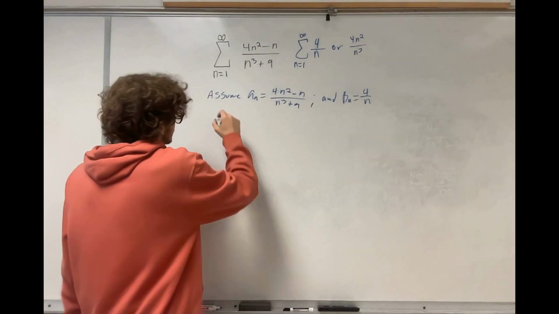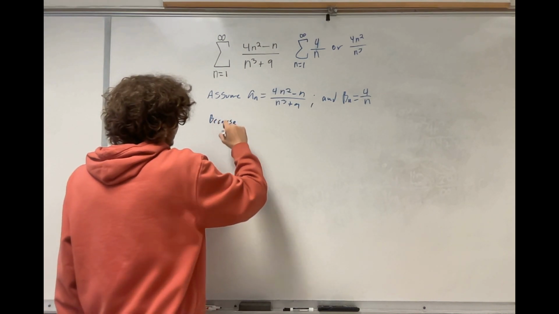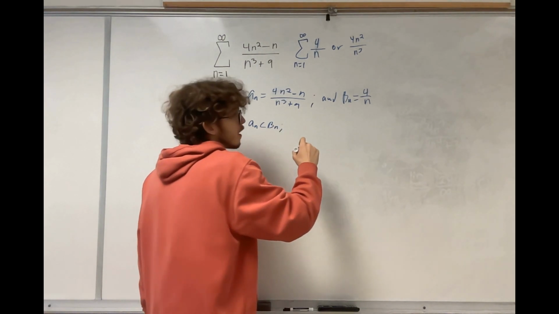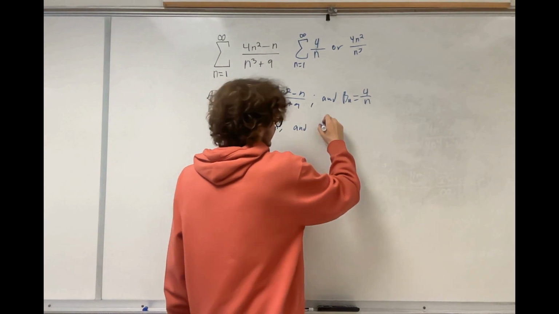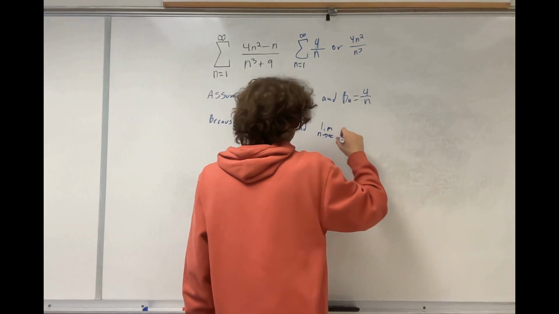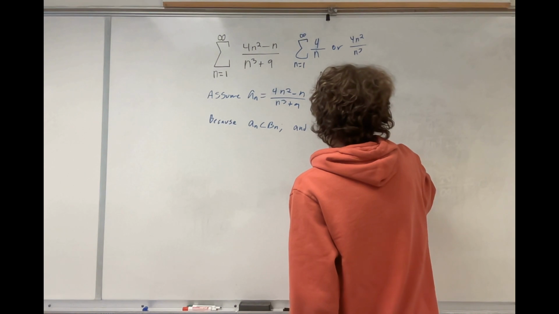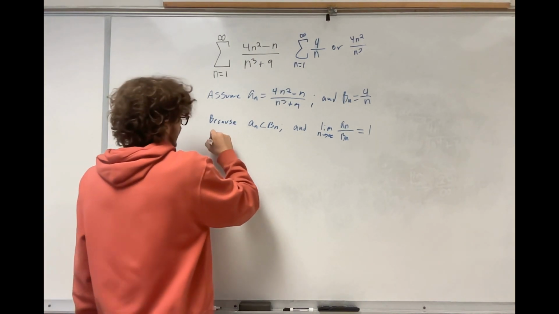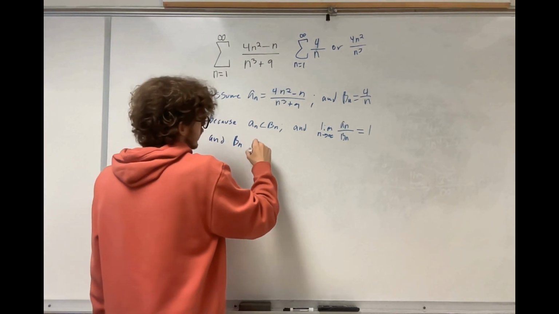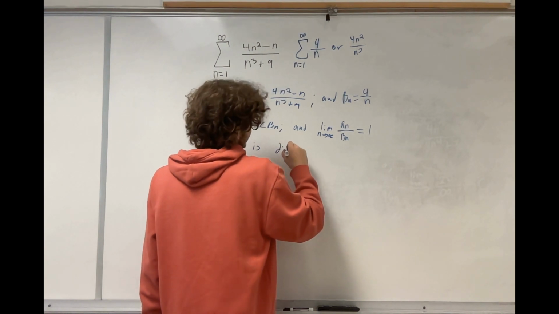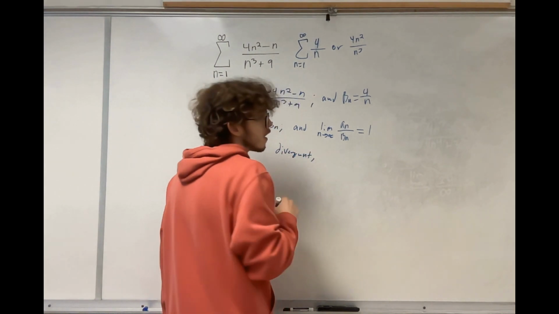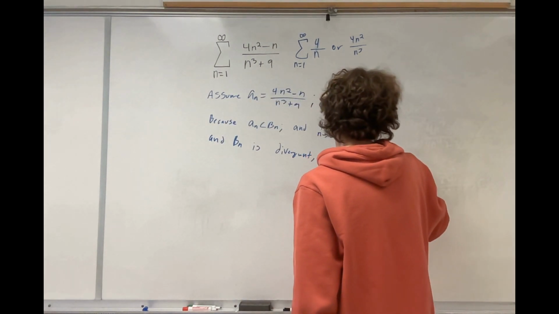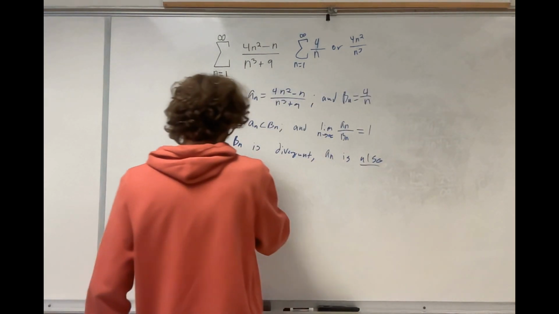So we're making some assumptions because a sub n is less than b sub n, and the limit as n approaches infinity of a sub n over b sub n equals 1, and b sub n is divergent, a sub n is also divergent.